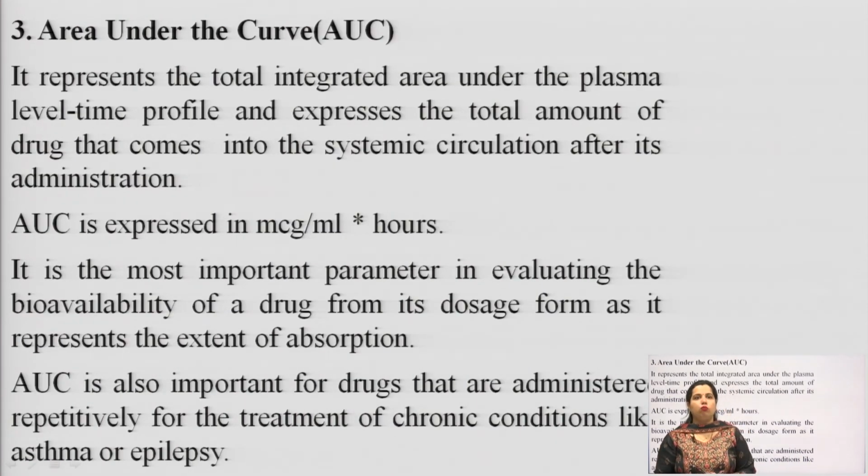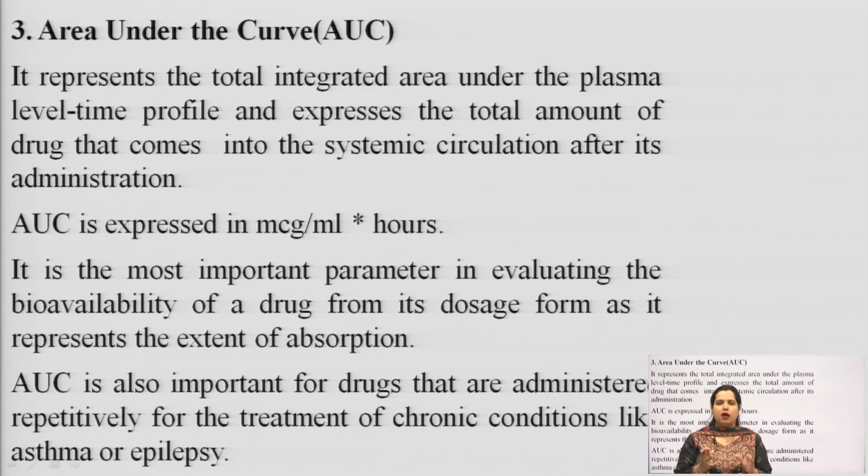AUC is expressed in microgram per ml into hours. It is the most important parameter in evaluating the bioavailability of a drug from its dosage form. Yes, you see we can observe Cmax, Tmax, onset of action, elimination point, MEC, MSC.